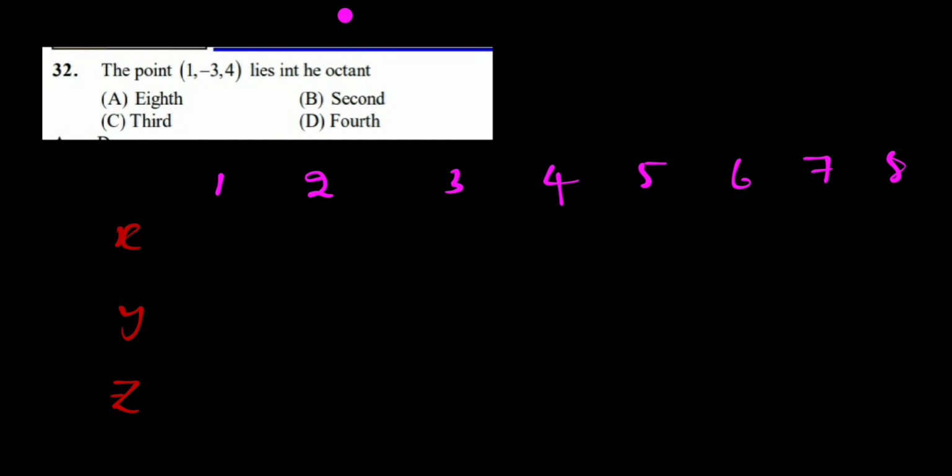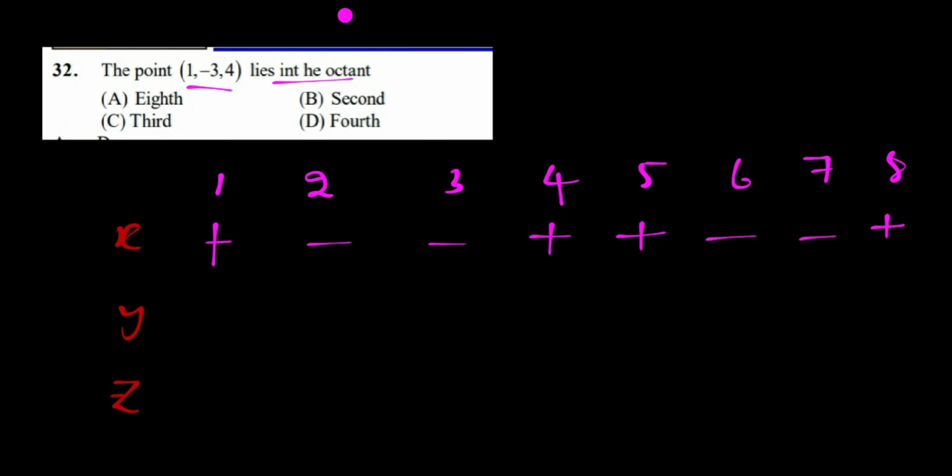Next, problem number 32. The point (1, −3, 4) lies in which octant? In 3D geometry we call these octants. If you know the octants directly you can write the answer, otherwise there is one shortcut method for remembering. First of all, write down the 8 octants and x, y, z. The x-axis signs are plus, minus, minus, plus, plus, minus, minus, plus.